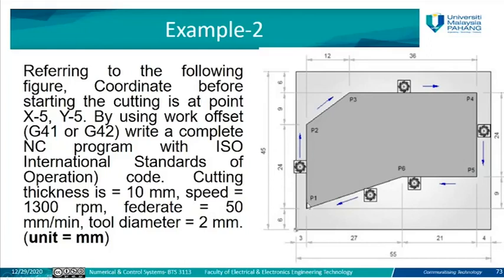That means the cutting tool will go linear from P1 to P2, then linear from P2 to P3, linear to P4, P5, P6, and return to P1.